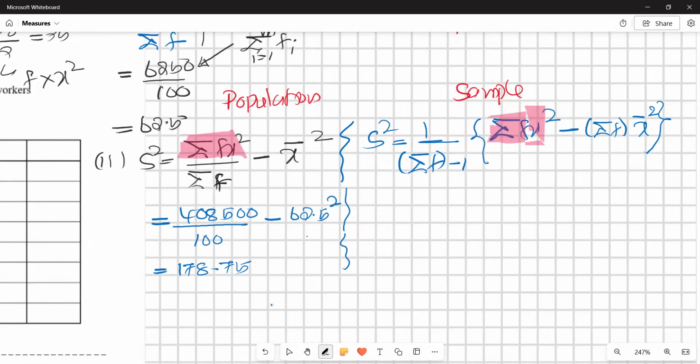1 by, sigma f is 100 minus 1, this is 99.